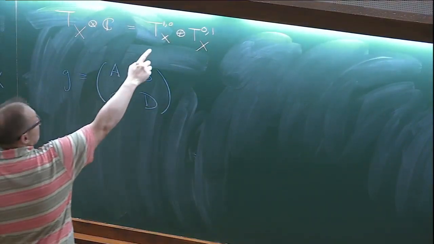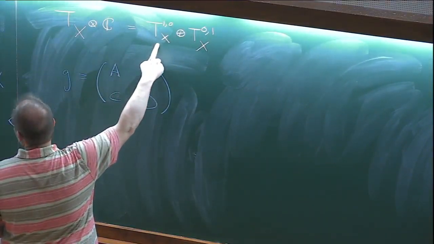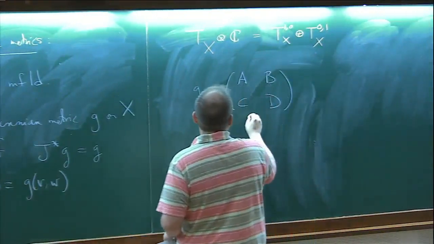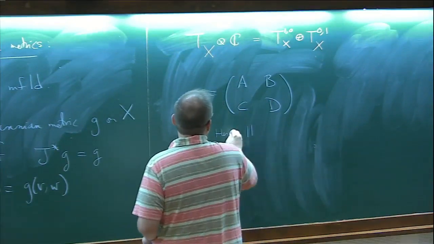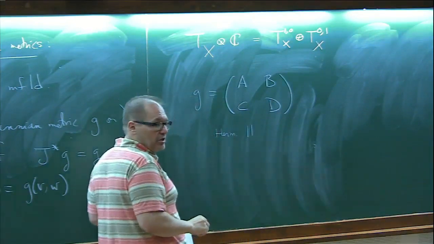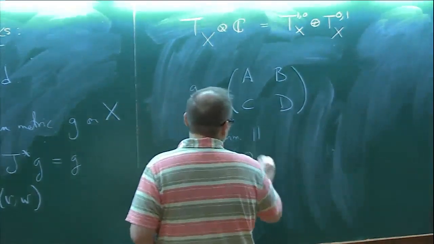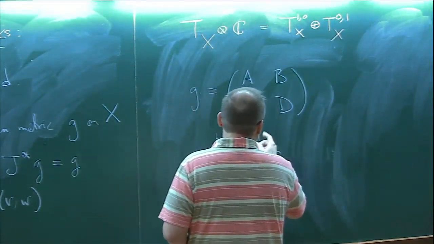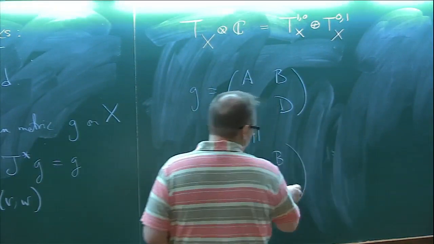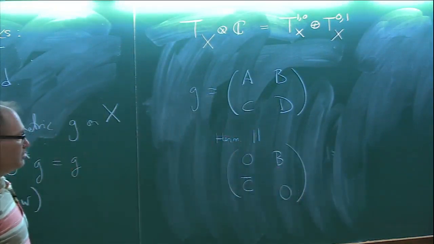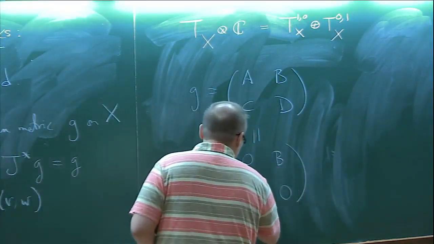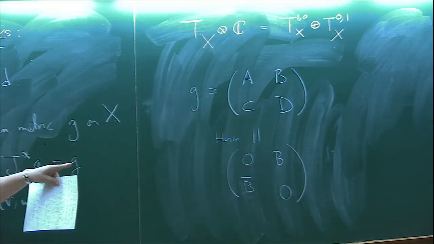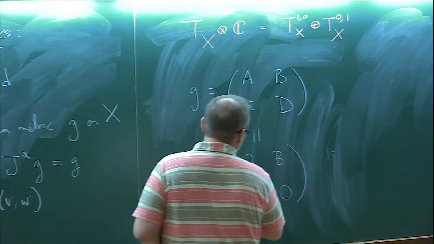But remember, these are the eigenspaces for the eigenvalue square root of -1, and this is its complex conjugate. So it turns out that if the Riemannian metric is Hermitian, then A and D are both 0, and B is the complex conjugate of C. Okay, and then this B will be, I guess maybe I want to write it this way.